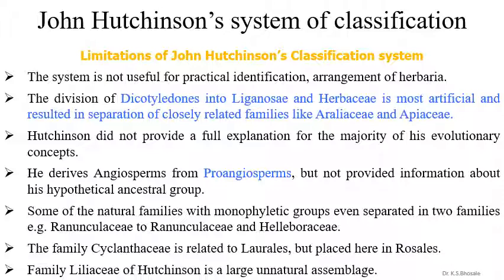Then the family Cyclanthaceae is related to palms, but instead it was placed in Rosales. This is also an unnatural assemblage. Family Liliaceae of Hutchinson is a large unnatural assemblage. So these are a few of the drawbacks of this system of classification. Thank you.